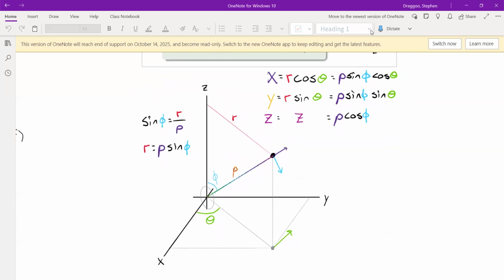We're going to redefine x, y, and z in terms of these new spherical parameters. But because we want to distinguish from the r value of cylindrical coordinates, we're going to call our new radius rho, the Greek letter that roughly takes the place of r in the Greek alphabet, except it looks like a p.